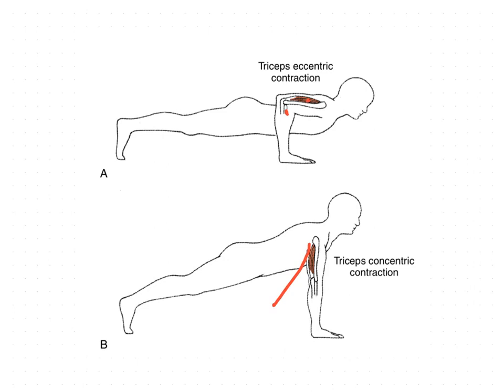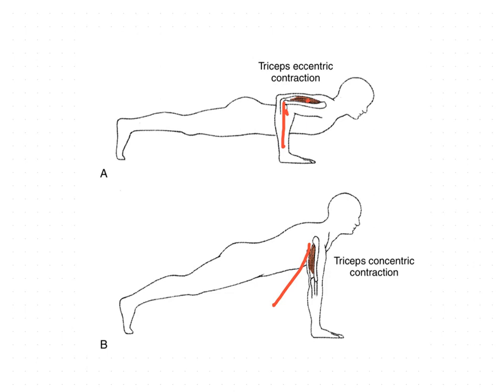Okay, so you can see this is the push-up here. Here the elbow is flexed, and during this elbow flexion, the triceps is acting eccentrically to control the elbow flexion when the body is lowered to the ground in a push-up.